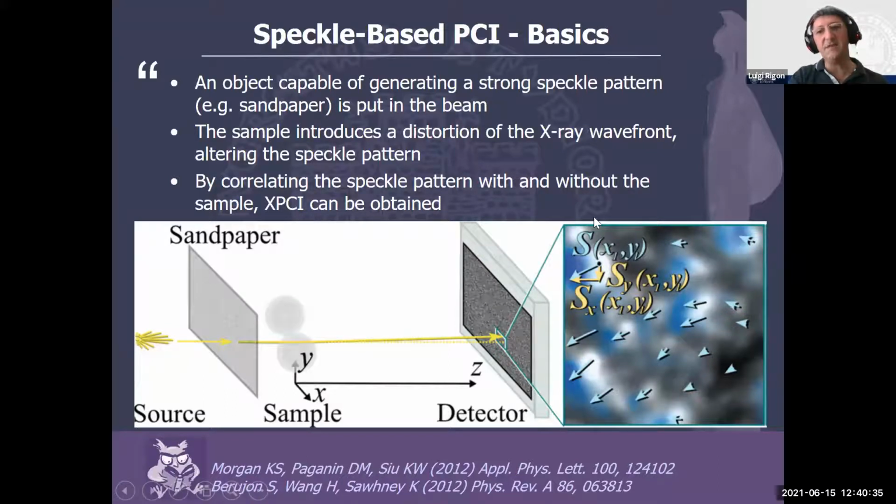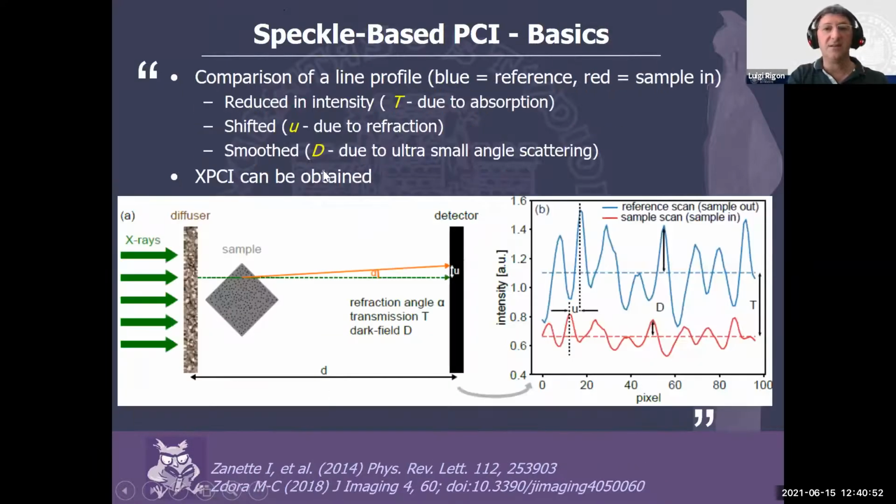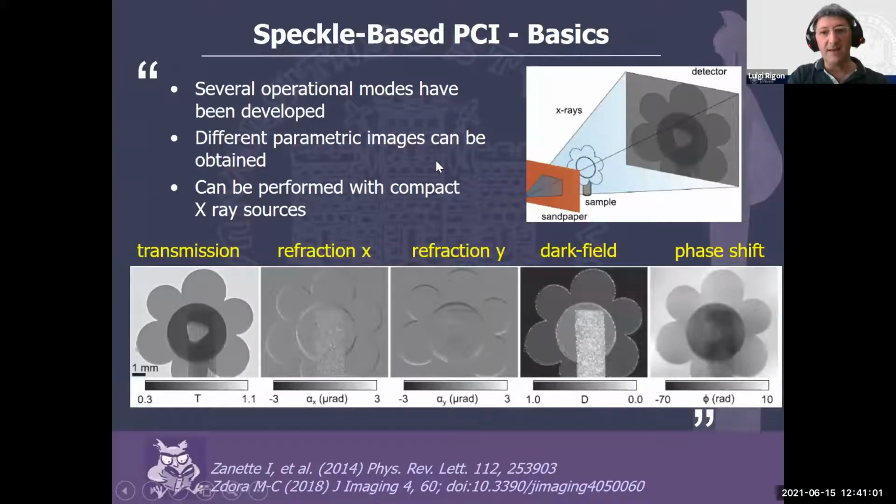But the idea is that you compare this speckle pattern without the object and with the object, and if you are able to computationally track all the changes in the speckle distribution, then again, well, there are some details, you can be sensitive to absorption, refraction, and ultra small angle scattering. So you can produce all these parametric images.